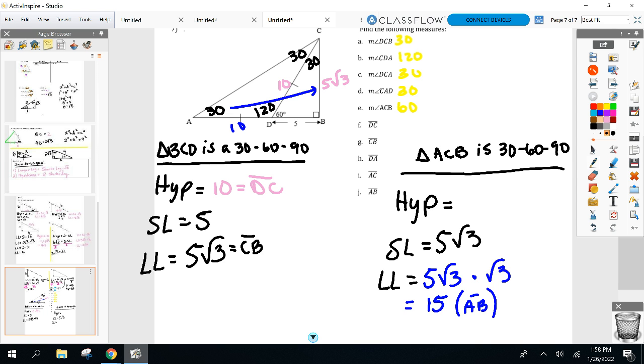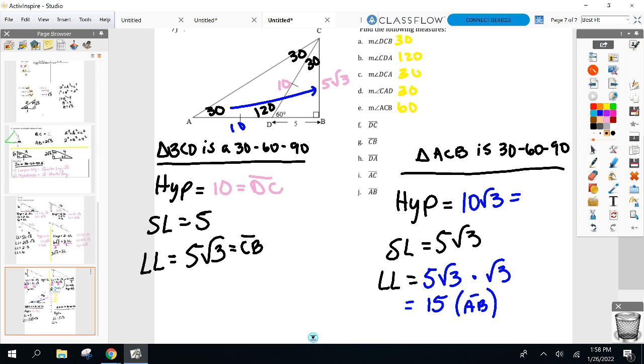What's your rule to find the hypotenuse first? The shorter leg times 2. What's our shorter leg? Radical 3. Times 2. And radical 3. There you go.